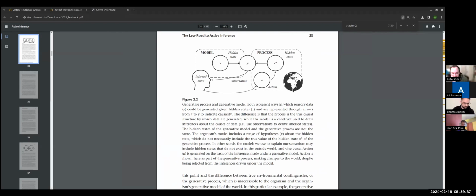I understand why the hidden state associated with the process would be hidden, because it's on the other side of a Markov blanket. Why would the hidden state associated with the model be hidden? What's the implication there?